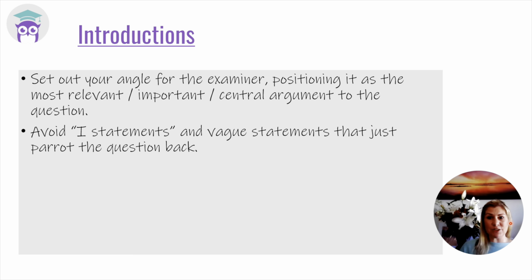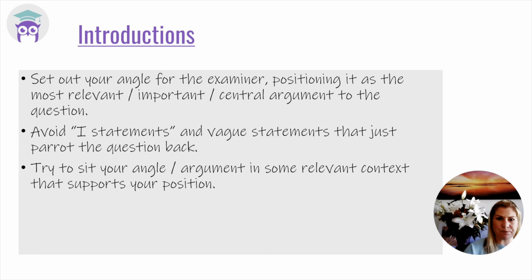Quite often, students use the introduction as a way to get started rather than thinking about it as having a purpose. I'm going to show you a bad example in a moment, one that I've written. I'm not shaming one of my students, that'd be awful. It does this vague statement, I statement thing, and it's a meaningless intro.